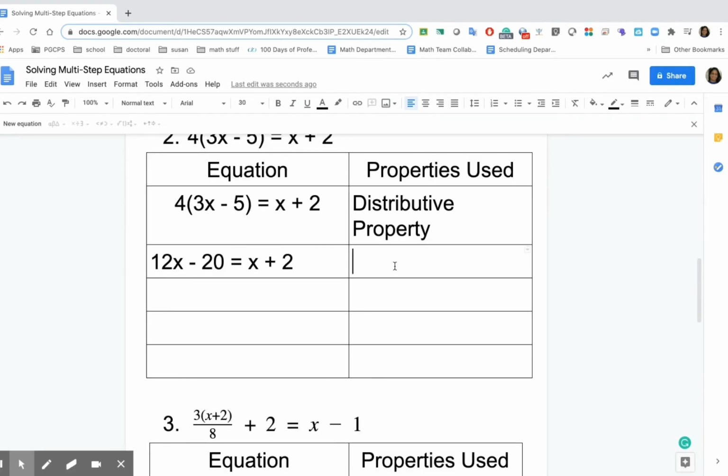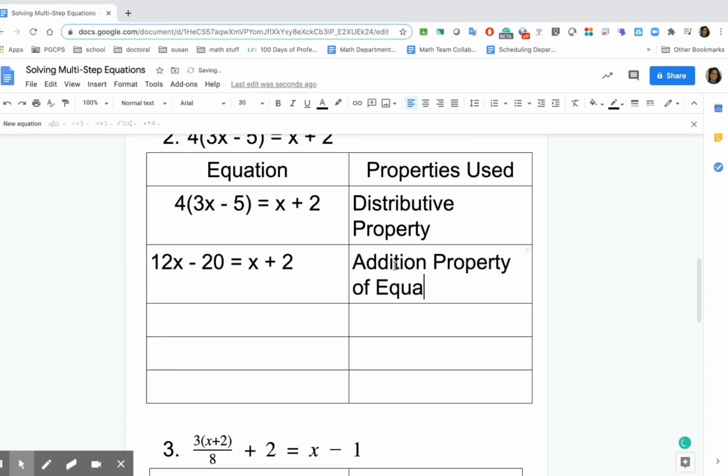Now let's put all the constants on the right side by using the addition property of equality. So we'll add 20 to the equation.